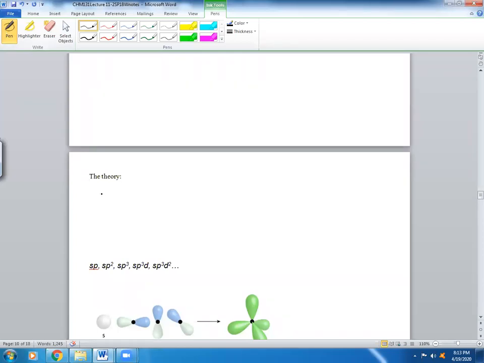Well, if you think about carbon, we draw the electron configuration. It's 1s2, 2s2, and 2p2. The 1s2 is up, down, 2s2 is up, down, and then the 2p2 is up, up.